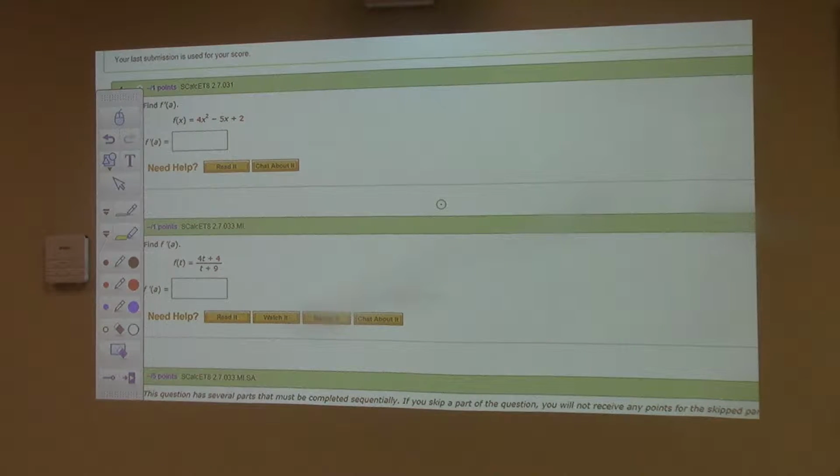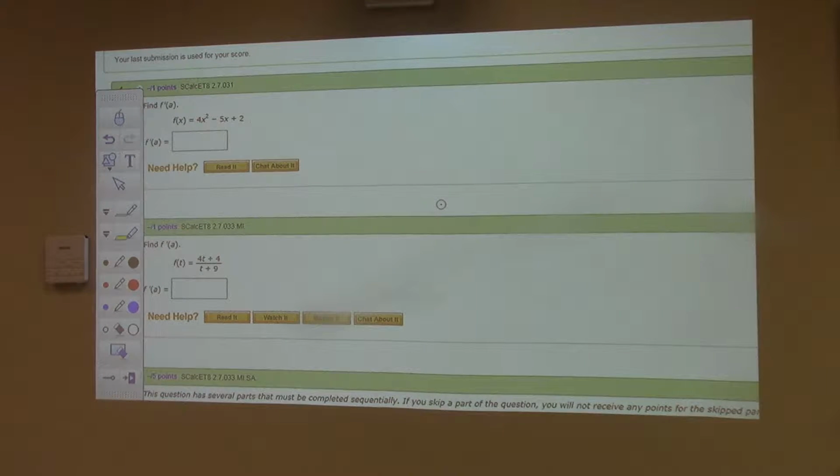You do it using the quotient rule of derivatives. Denominator times numerator prime minus numerator times denominator prime over denominator squared. Oh, I'm sorry. I didn't do it the right way. You got to do it mathematically.